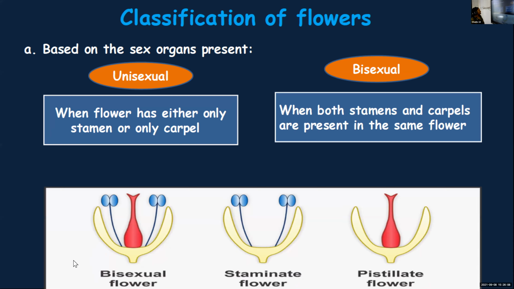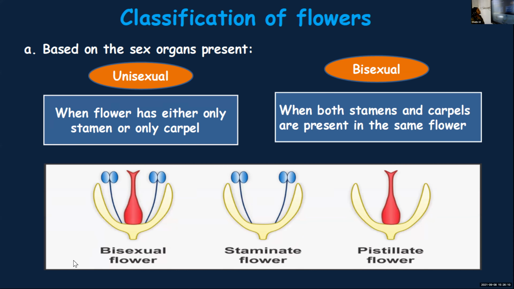In the first figure, the blue colored structures are the stamens, whereas the pistil or carpel is given in red or pink color. In the first flower you can find both stamens and carpel, so since both sex organs are present, you call it a bisexual flower.